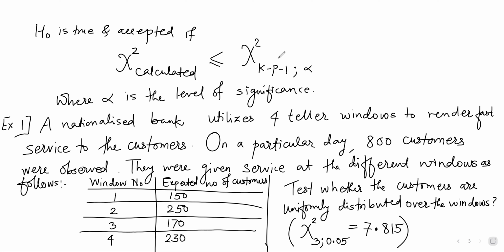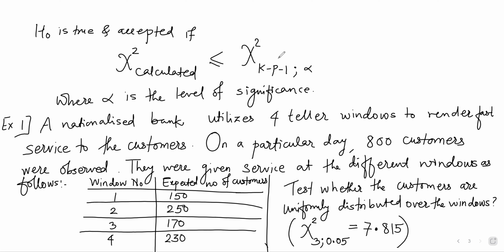Now what is given? There are 4 teller windows, and 800 customers visited that bank on a particular day. The expected number means they already have experimental data. What they want is to test whether the data is uniformly distributed or not under this test.